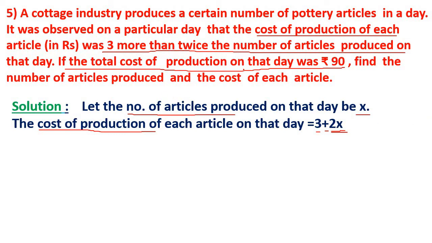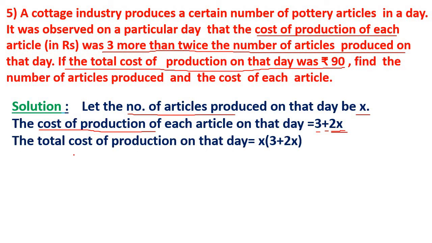The total cost of the production on that day was rupees 90. We don't know how many articles were produced, so let it be x, and the product of x and 3 plus 2x is equal to 90. The total production is x number of articles, and the cost of each article is 3 plus 2x.